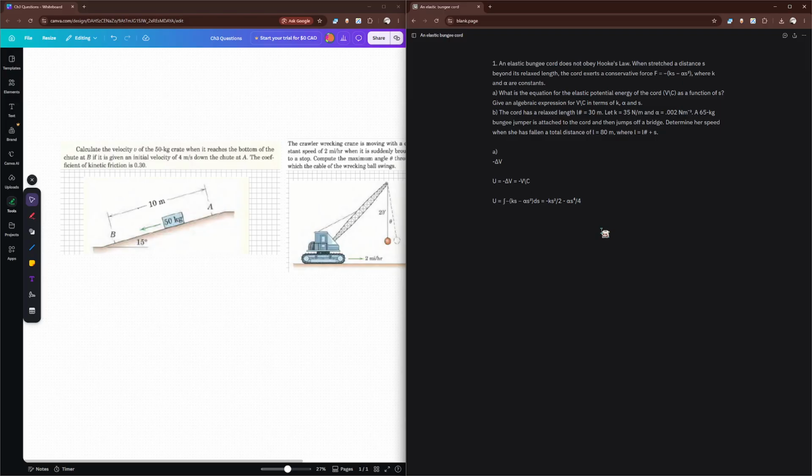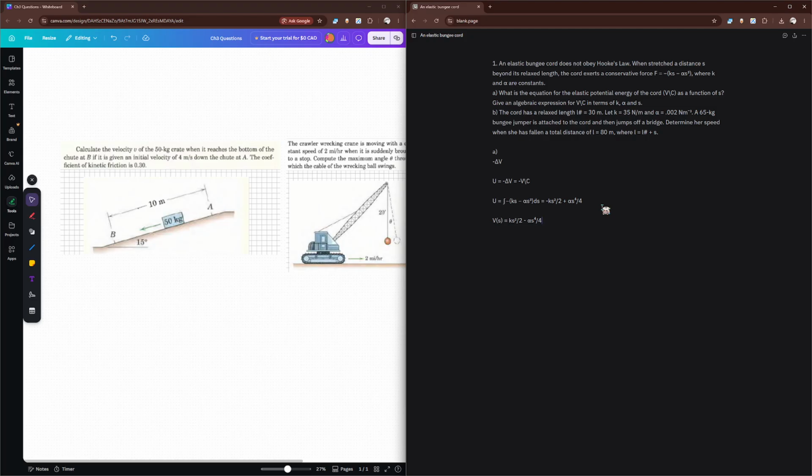Or not minus, sorry, this is plus alpha s to the 4 over 4. And then we know that negative V is equal to U, so V is equal to negative U. So to get our final VC, or V as a function of s, we're going to have ks squared over 2 minus alpha s to the 4 over 4. I love making typos.